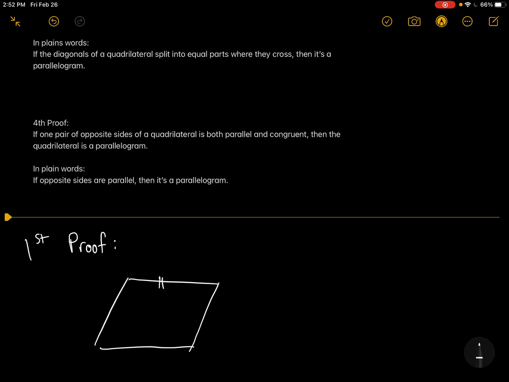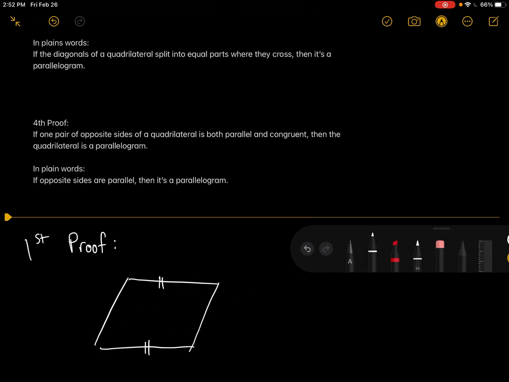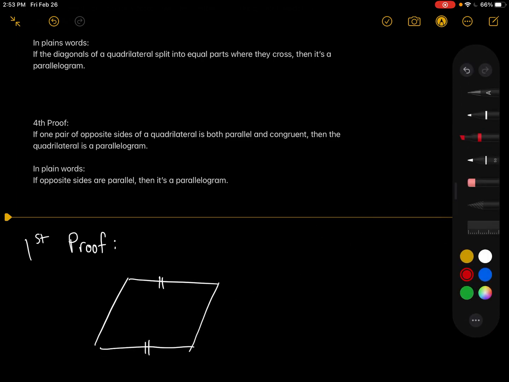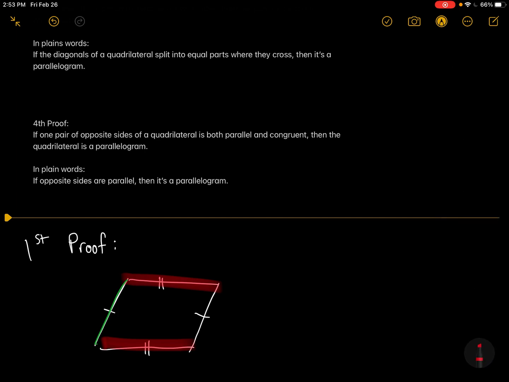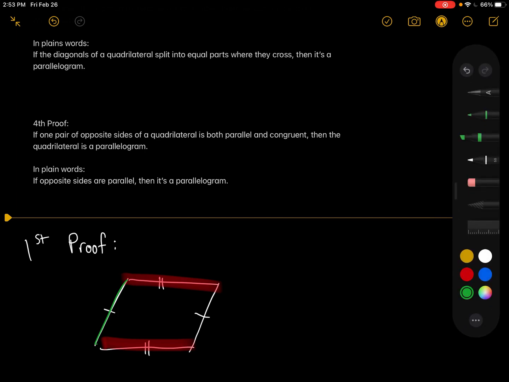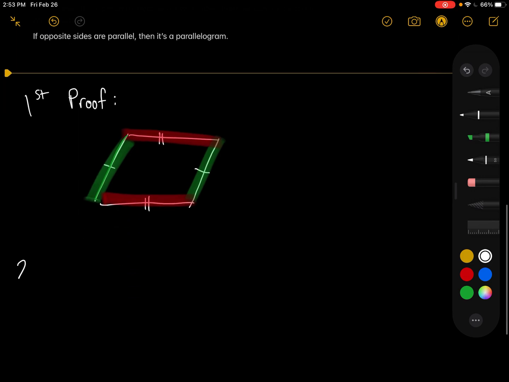It has four sides. And if you can prove that these sides are equal, so like this and this are equal, and if you can prove that this and this are equal, then we can say that it is for sure a parallelogram.